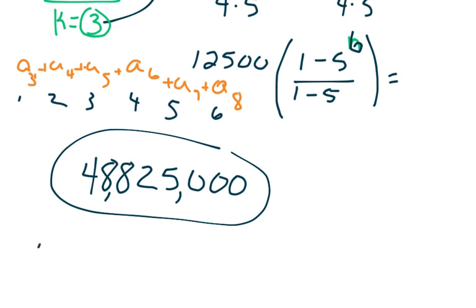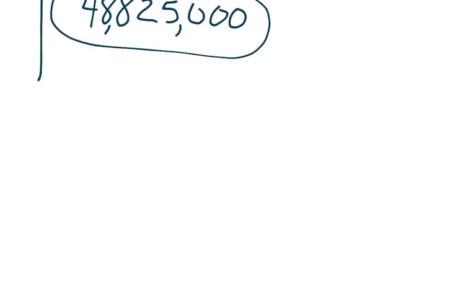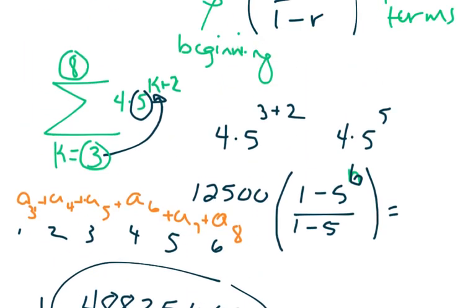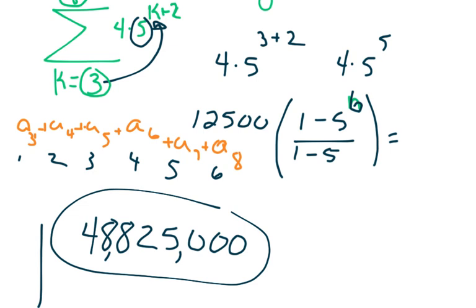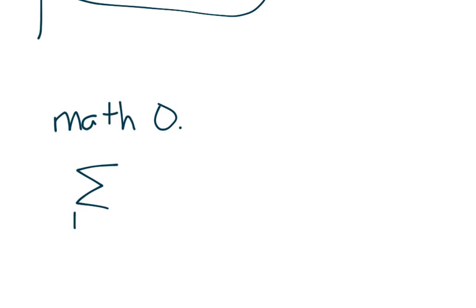Now, also, for those tech-savvy people and those who have a graphing calculator at home, it's important for us to understand these rules, because you can ask questions about them, and there's an understanding that goes along with it, and understanding what this truly means, because a lot of kids that just type into a calculator will not understand it. But if you go to Math 0, for some of you, there is a summation that will show up on your graphing calculator, and you can type that in.